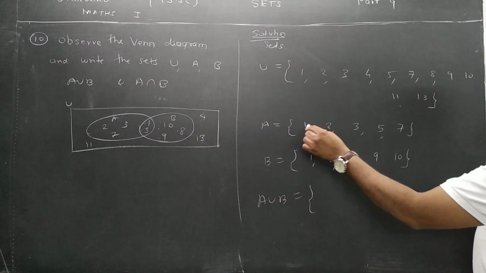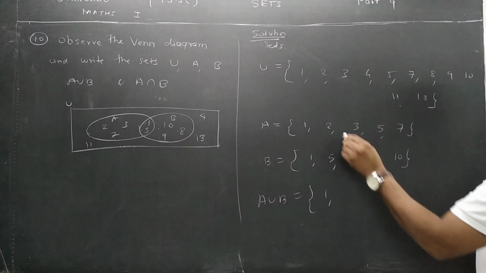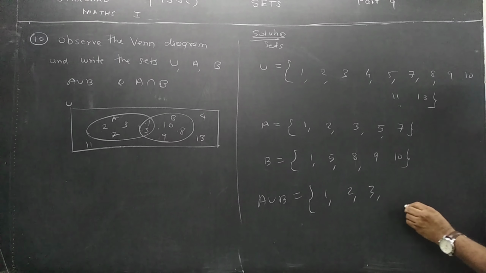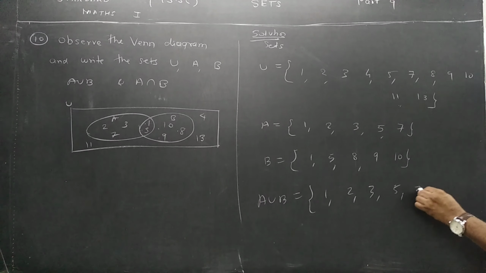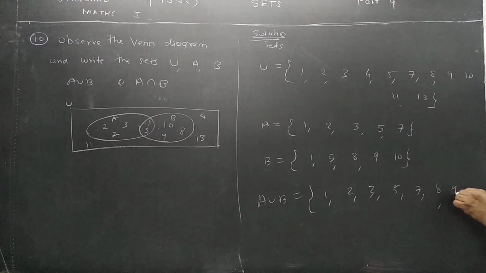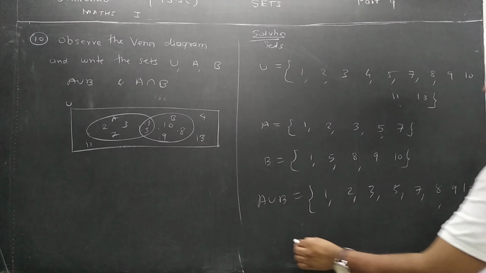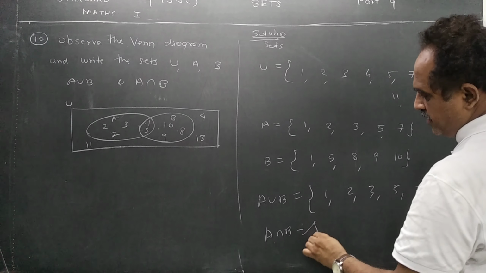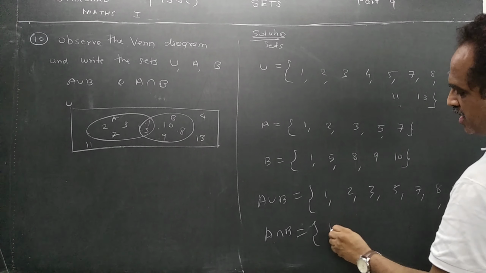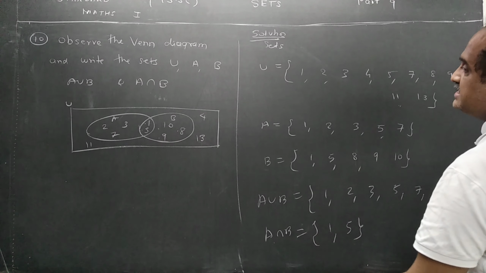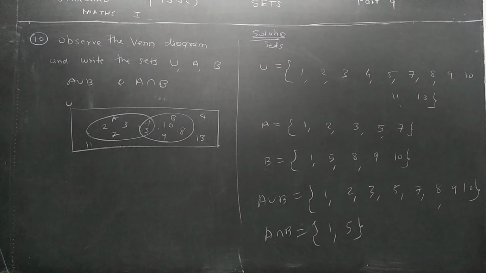Combination of these two. 1 is there, 2 is there, 3 is there, 5, then 7, 8, 9 and 10. And what will be A intersection B? Which are the common terms over here? There you can see from the figure also. 1 and 5. This is the answer for your question number 10. I think it is an easy question. Okay? Copy it down properly.